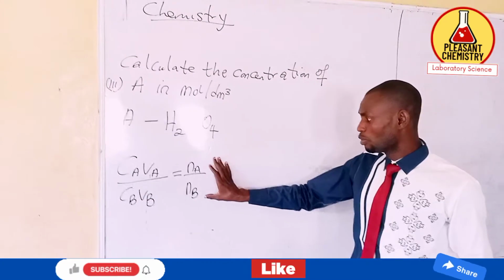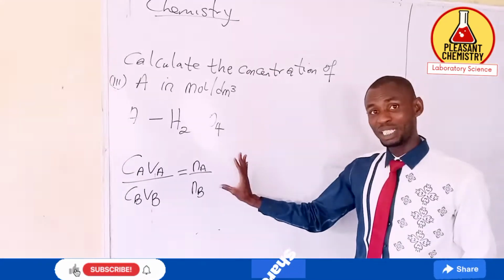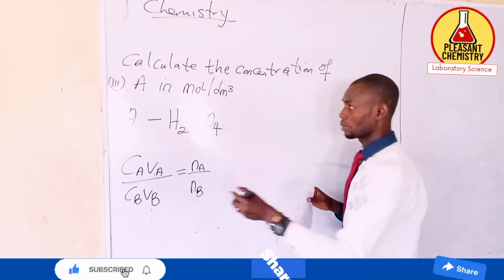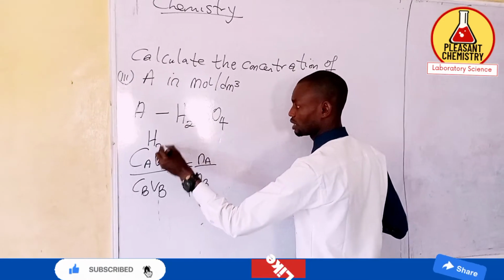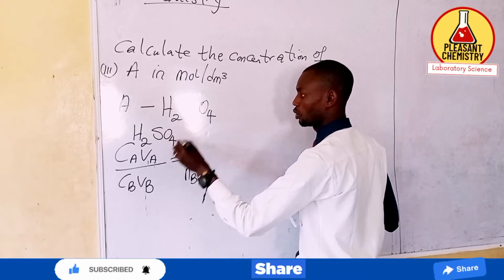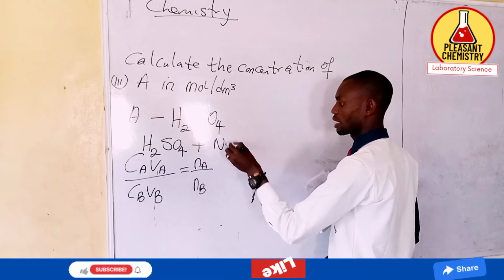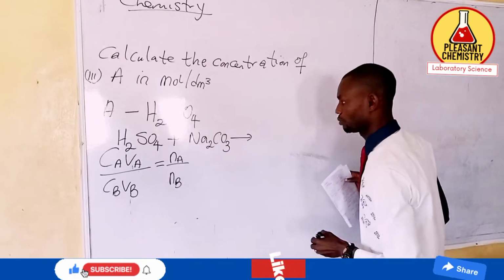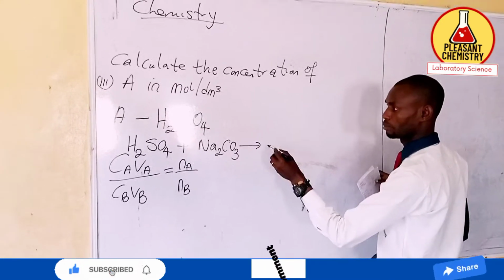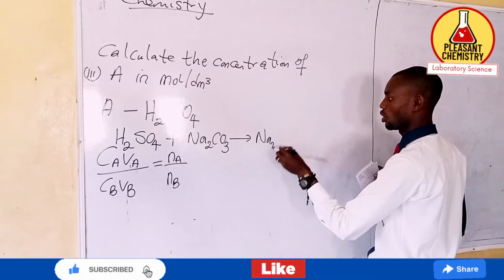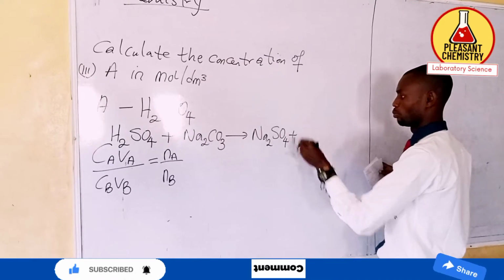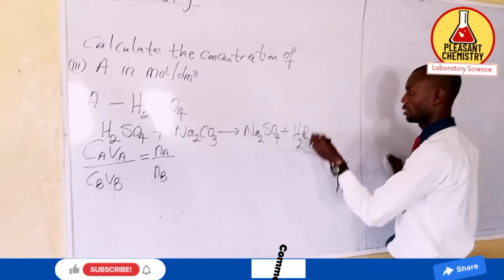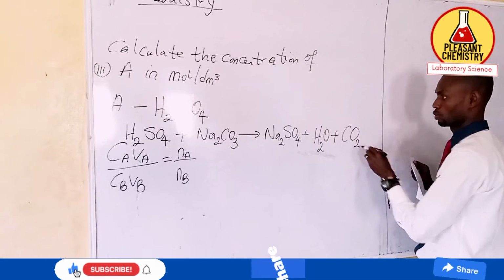Now here, before we can correctly fill this in, we will need the chemical equation of the reaction. And what's the chemical equation of the reaction? We have tetraoxosulfuric acid, H2SO4, combining with sodium carbonate, Na2CO3, to give us sodium sulfate plus water, and then plus CO2.